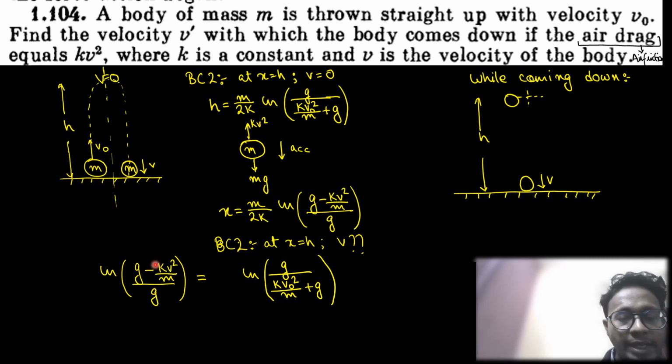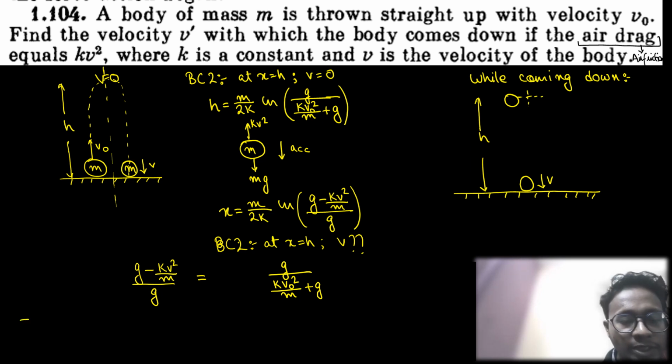Now ln a equals ln b. So can I say a equals b? Obviously. So a equals b. Now can I cross multiply g with g and this entire value with this entire value?